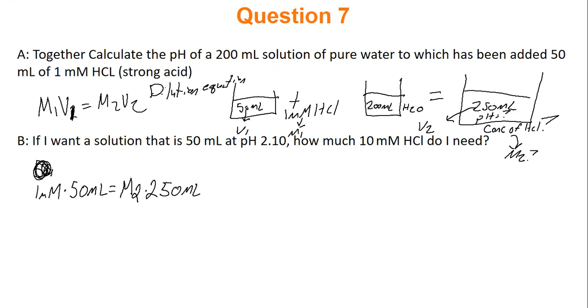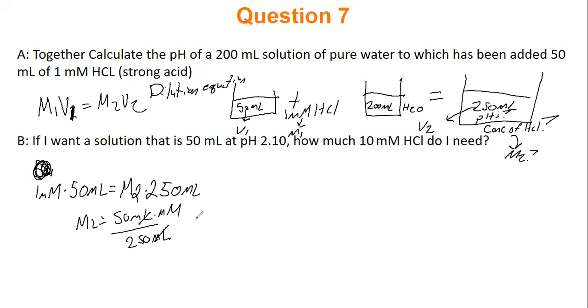So I'm going to solve for M2, which is 50 divided by 250, which is 1/5, which is 0.2. So M2 equals 50 milliliters times 1 millimolar divided by 250 milliliters.